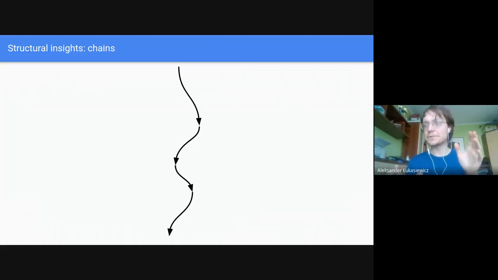The notion of chains and anti-chains in a DAG will be instrumental to our algorithm. A chain is just a path. But till the end of this talk, I will assume that our graph is transitively closed, because we can compute a transitive closure in n to omega, and because it doesn't change answers.